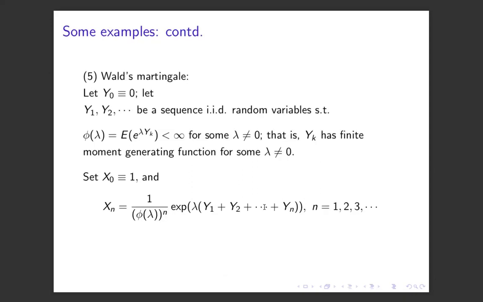Then you take x0 identically 1. Of course, that corresponds to e to the power y0. And xn is e to the power lambda times the summation of yi up to i equal to n, divided by phi lambda to the power n.